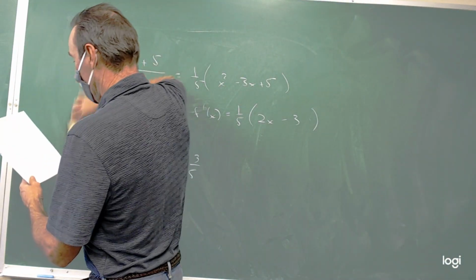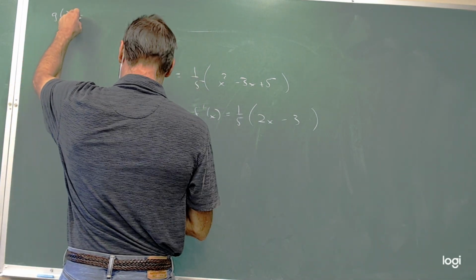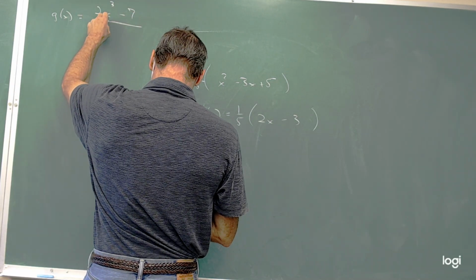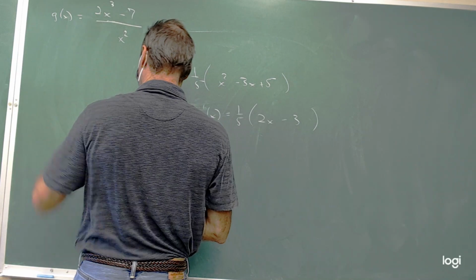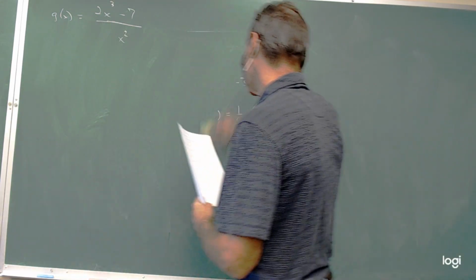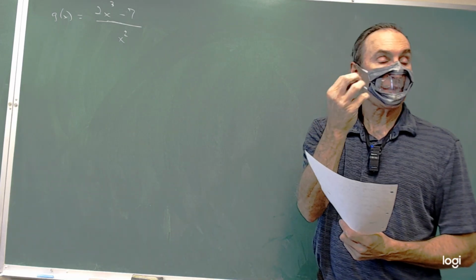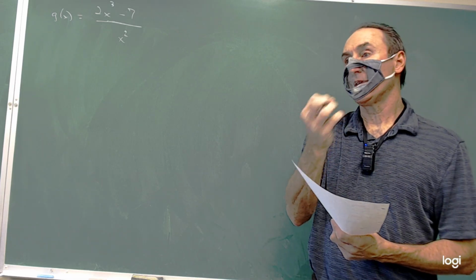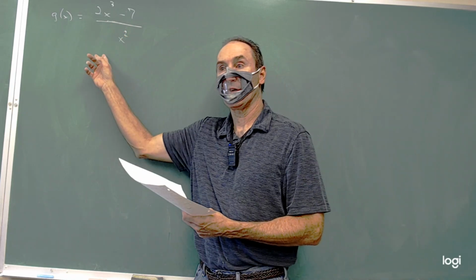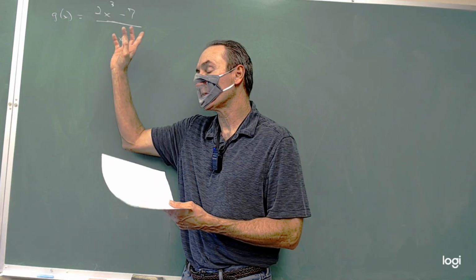Okay, another thing that we will see: if you have something like, say, g of x is 2x cubed minus 7 all over x squared. Even when the denominator is not just a constant, if the denominator is a monomial, just one term, some power of x or a number times the power of x, I'm not so sure this works as well if that's like e to the x or sine x or something like that.